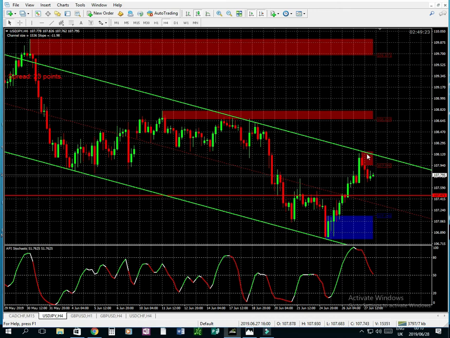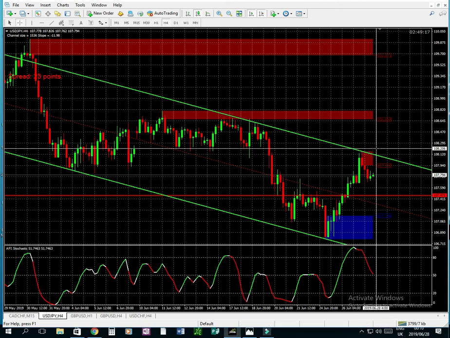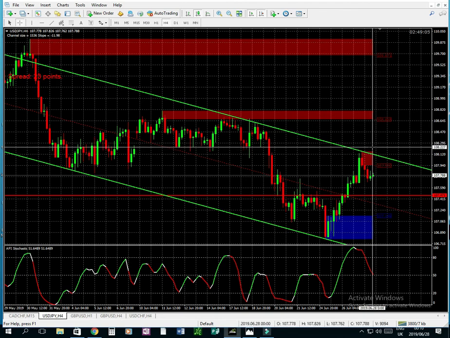So what I'm gonna do here is place our buy stop at the middle of this box right here. Sorry about that, at the middle of the square box area right here. So we're gonna place our order just about here, because this is the middle of the box.